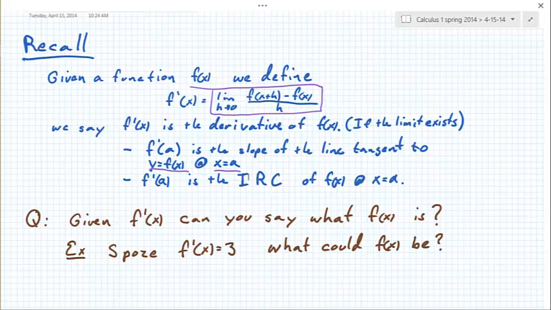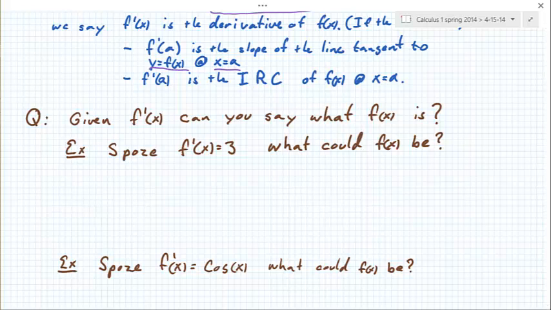And here's sort of an obvious question. Given the derivative, can you say what the original function was? In other words, if I tell you what the derivative is, and remember the derivative is your rate of change function, can you tell me what the original function was?